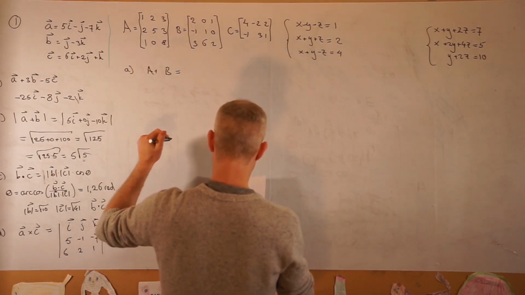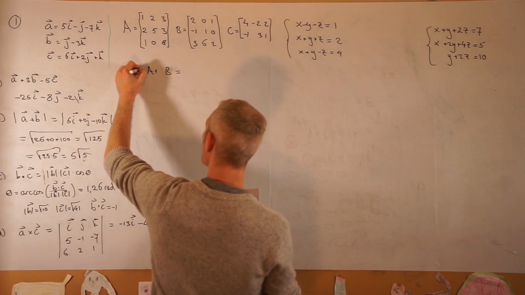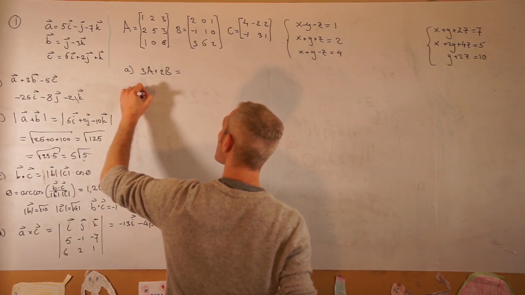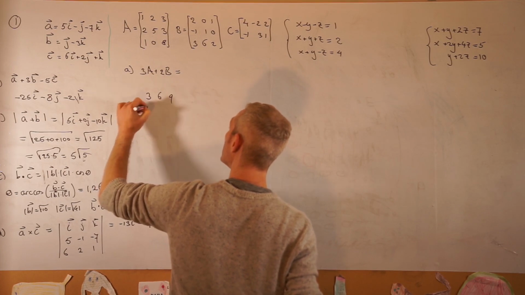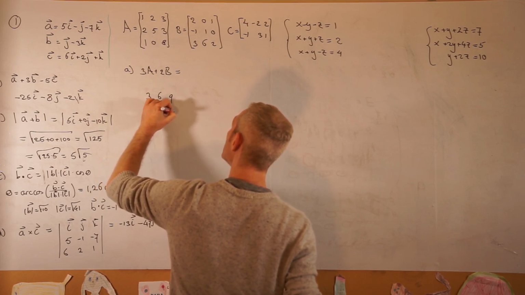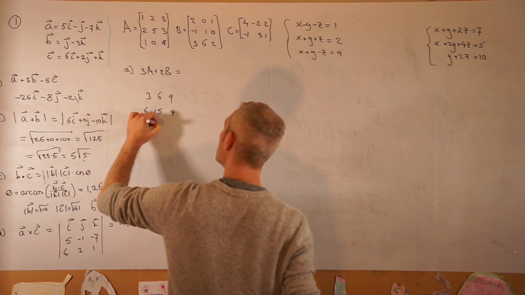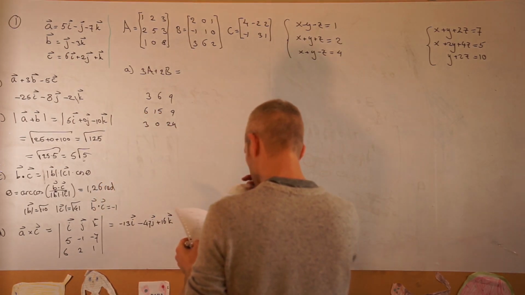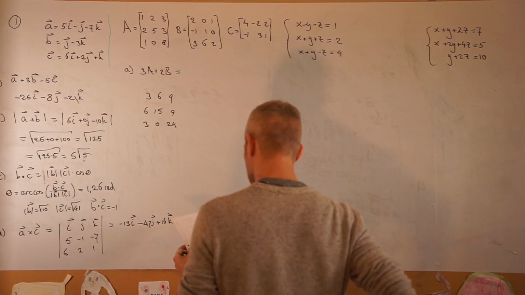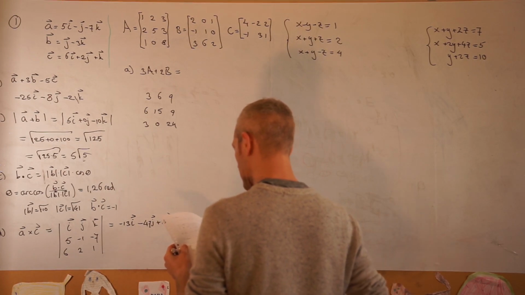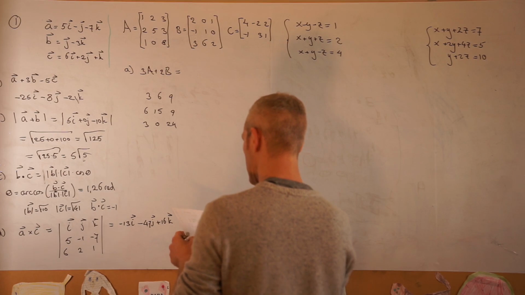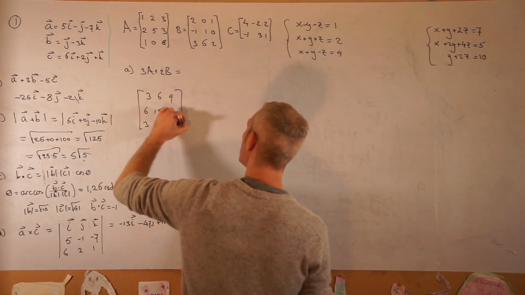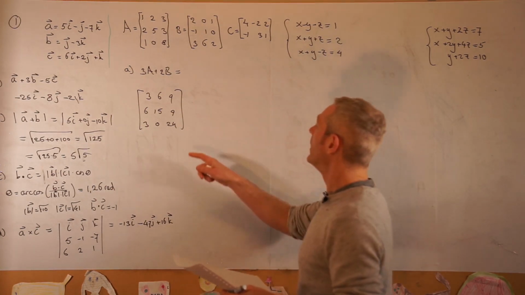So let me do this properly, 3a plus 2b, so we get 3, 6, 9, 6, 15, 9, 3, 0, 24. And I have the feeling I'm doing it incorrectly again. But that doesn't matter. I think we're on the right track here.